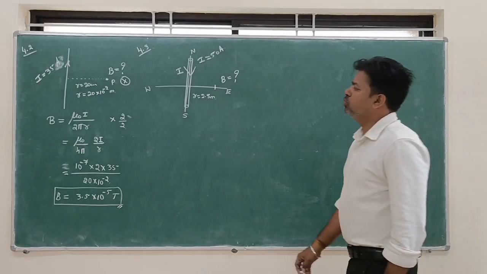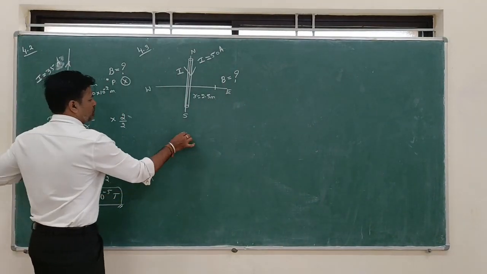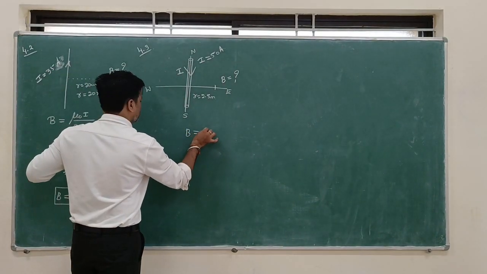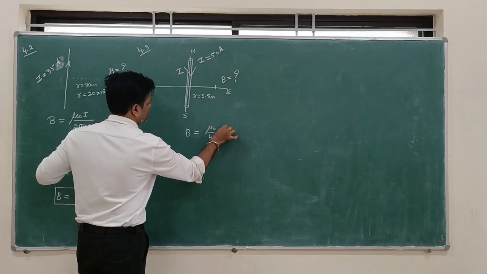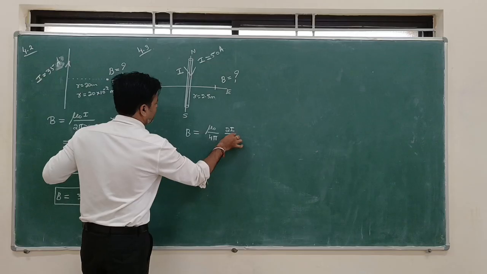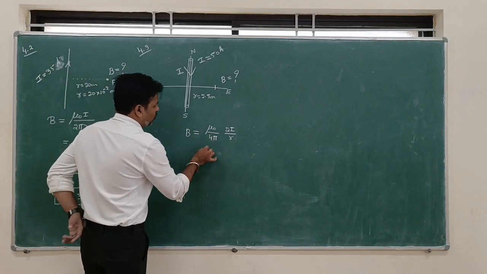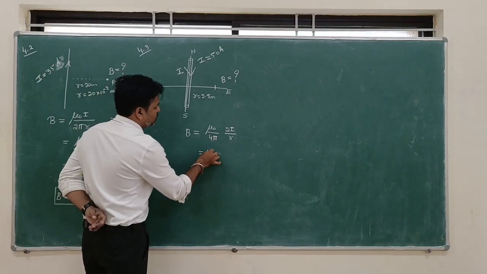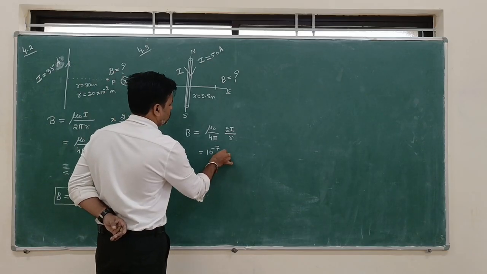B is equal to directly formula. B is equal to mu naught divided by 4 pi, 2I divided by R. The value of mu naught divided by 4 pi is 10 to the power minus 7 into 2.